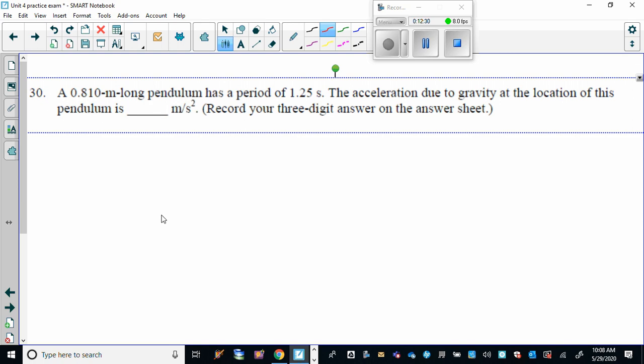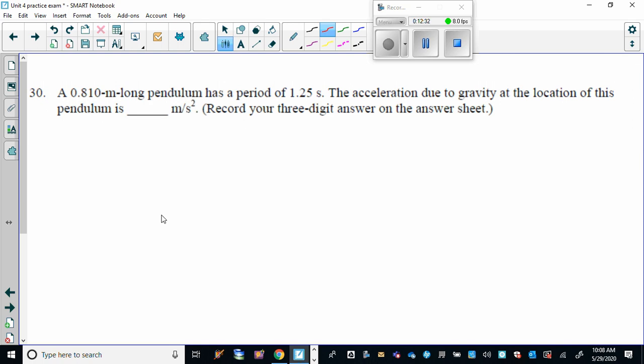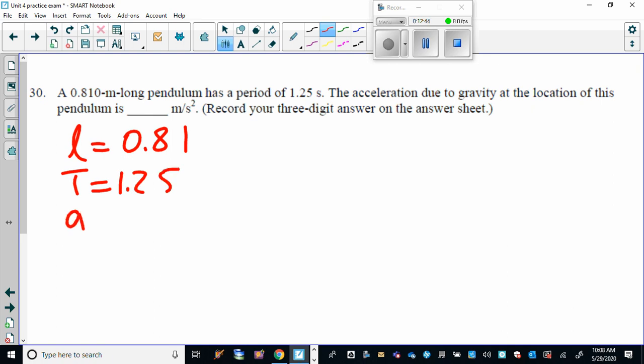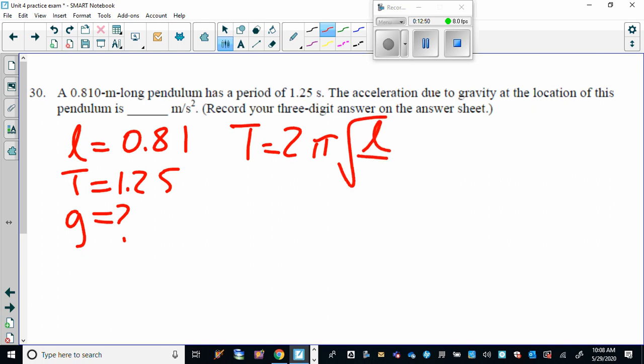Number 30 is the same type of question, but this time they're asking for the acceleration due to gravity. So this time they give you the length, they give you the period, and they want to know g. So if you rewind the video, you can find out how to solve for g.